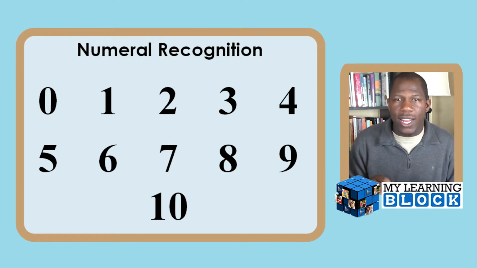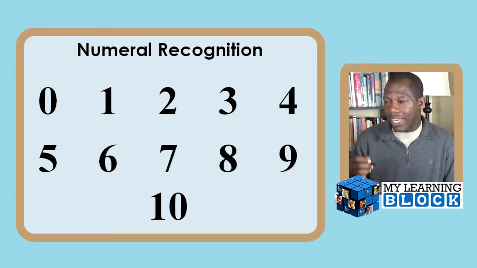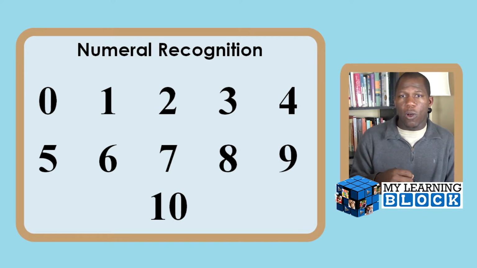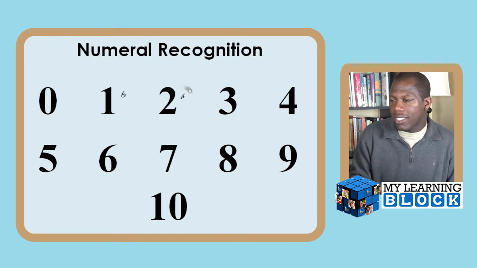Now, when you get your chart, allow your child the opportunity to add tallies or dots beside each numeral. What that does is allow them to build one-to-one correspondence as they are recognizing numerals.